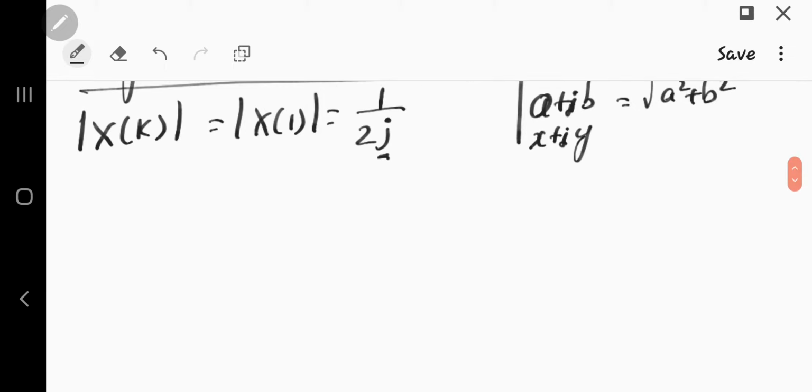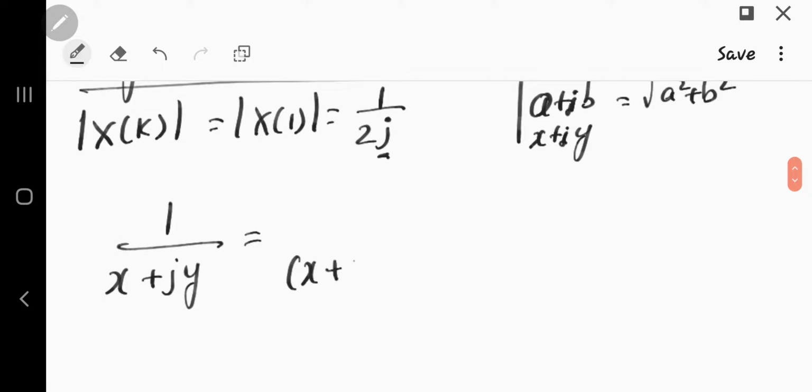So for that we have to deal with the denominator first. We can do this by rationalizing the denominator. That means if you have something like 1 divided by x plus jy, we multiply with the complex conjugate of the denominator, in both numerator and denominator. So that is x minus jy.